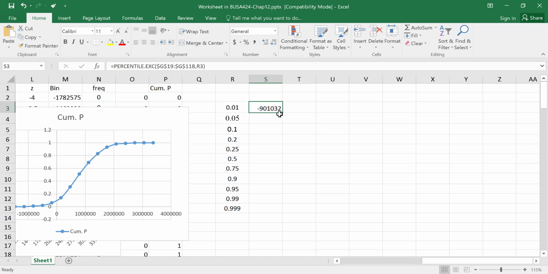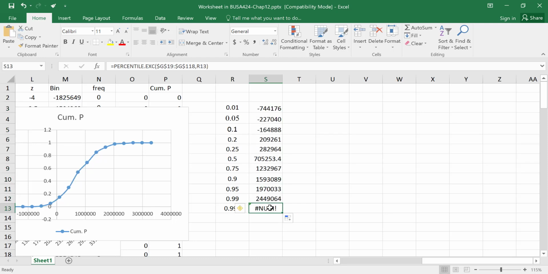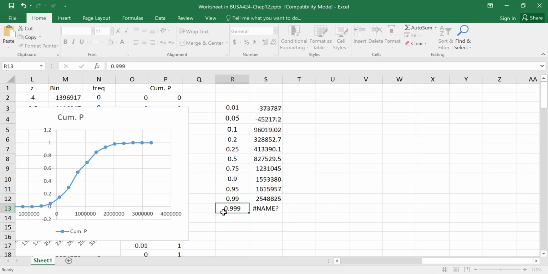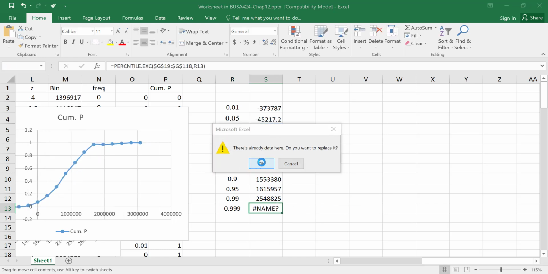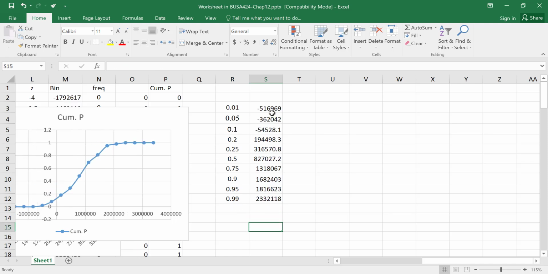Basically we are losing 9,000, 1,000, and if we apply this value for the rest, so you can see 5% we are getting, for 5% of the simulation we have minus 362,000 or less.